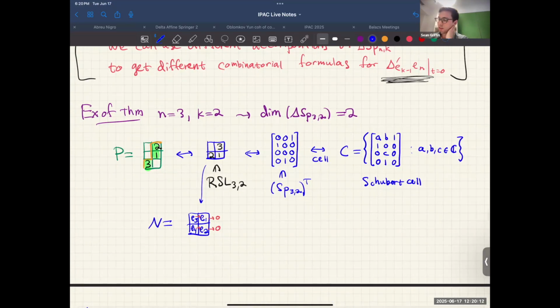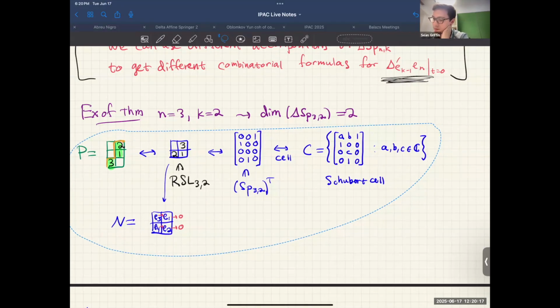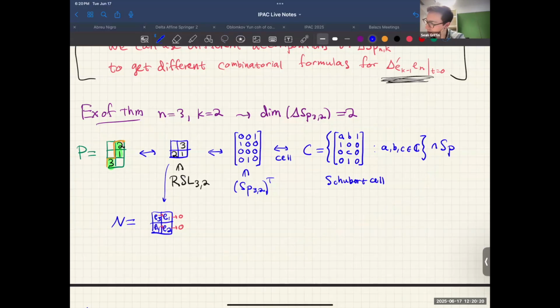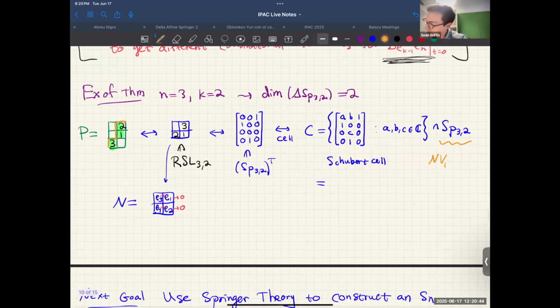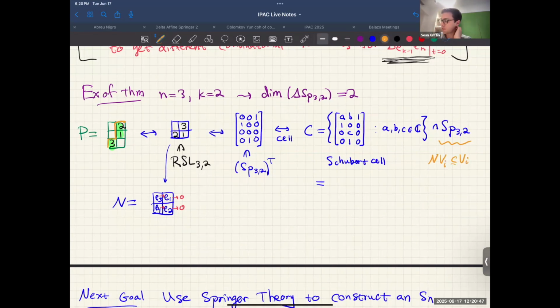And then to get the cell of the variety, I then intersect it with the variety. And remember, part of being in this variety is that n acting on the span of the first i columns is in the span of the first i columns.